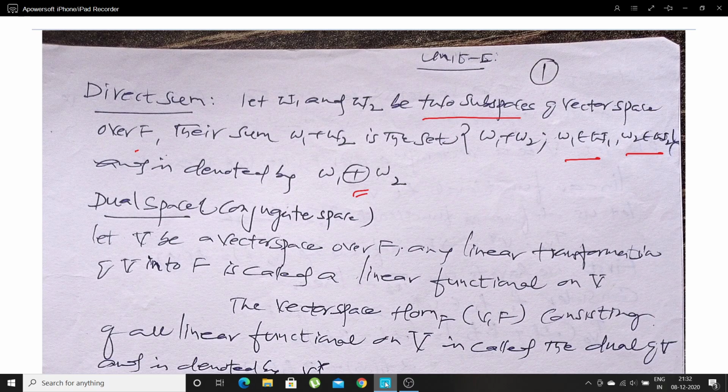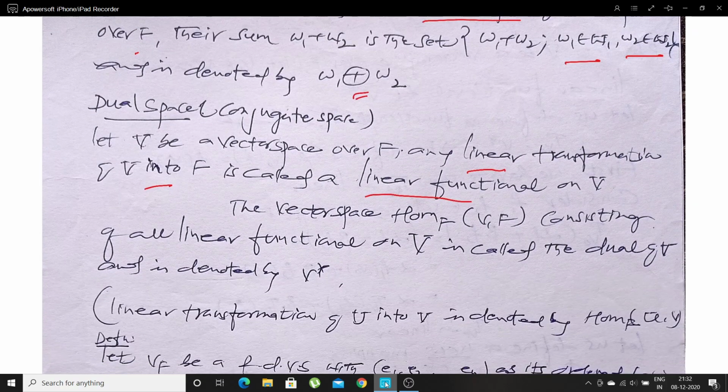Let V be a vector space over a field F. Any linear transformation, meaning satisfying the vector addition and scalar multiplication properties, of V into F is called a linear functional on V. The vector space, homomorphism of vector into scalar over a field F, consisting of all linear functionals on V is called the dual of the vector space V, and it is denoted by V star.